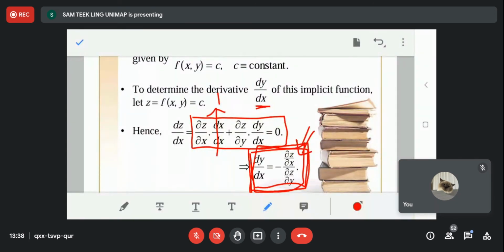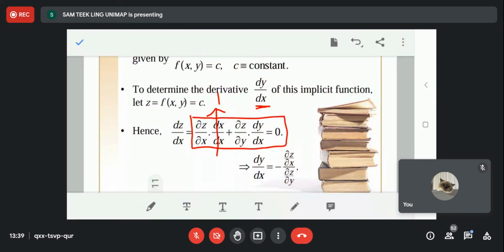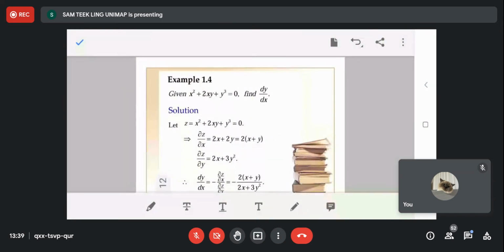And you can see your formula has a negative. So every time you apply this formula, don't forget your negative: dy/dx equals negative del z/del x divided by del z/del y.